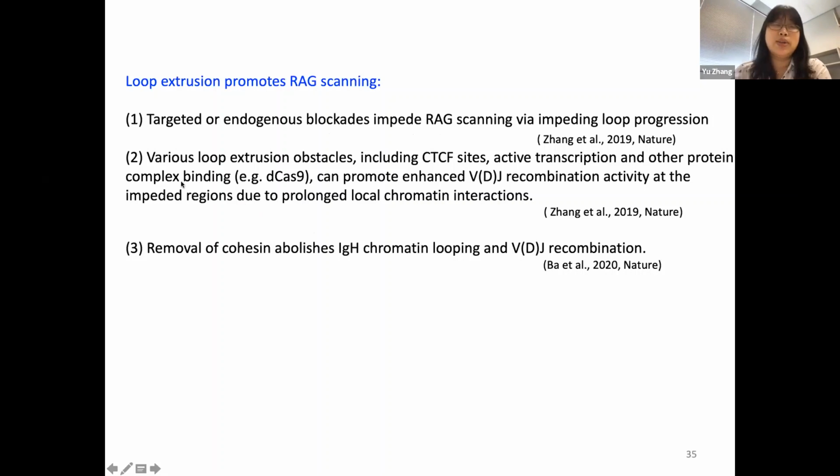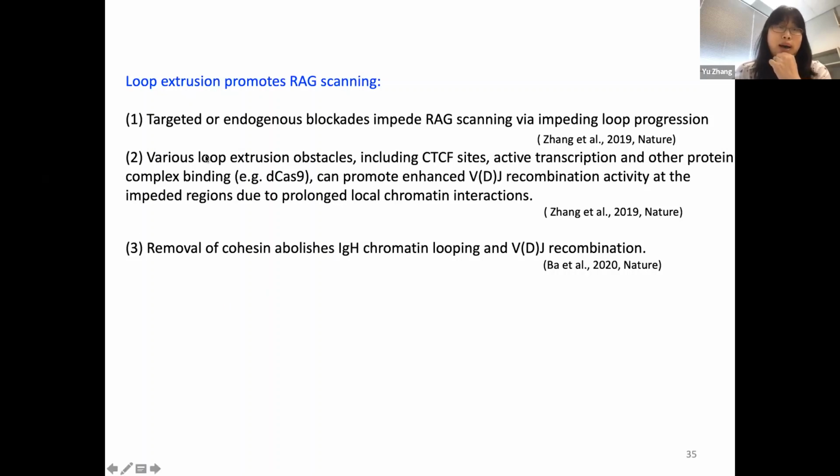Also, an important note here is that various loop extrusion obstacles, including CTCF sites, like the IgH 3' CBEs, active transcription, like the one seen at the S-gamma-2b region, and other protein complex binding, like that Cas9, can all promote enhanced mediated recombination activity at the impeded regions due to the pronounced local chromatin interactions, as shown by the 3C-seq. And this can help to explain why certain RAG targets are much more highly used compared with others.